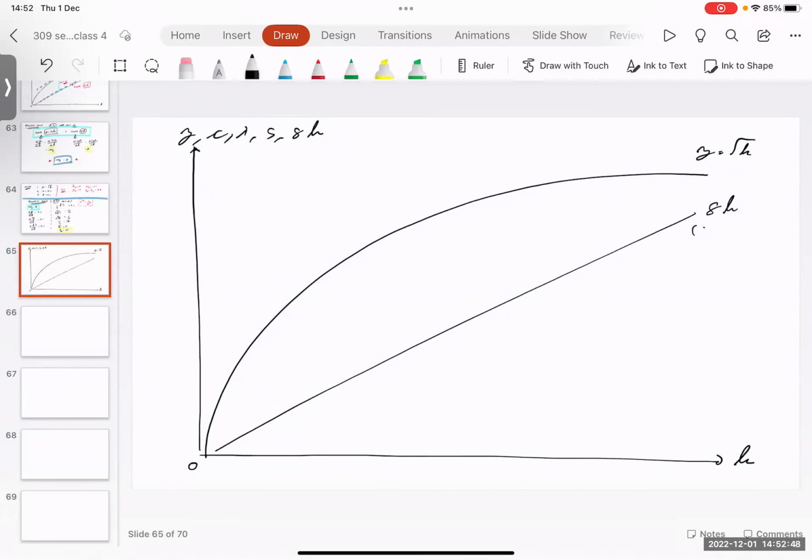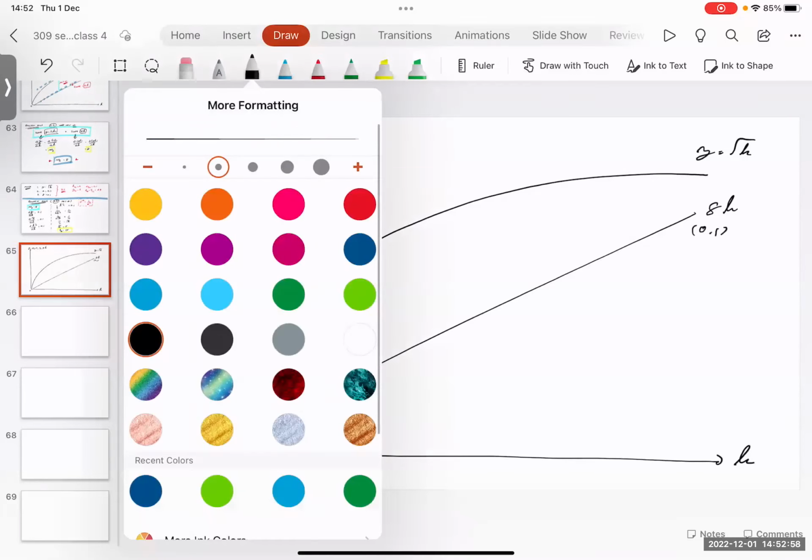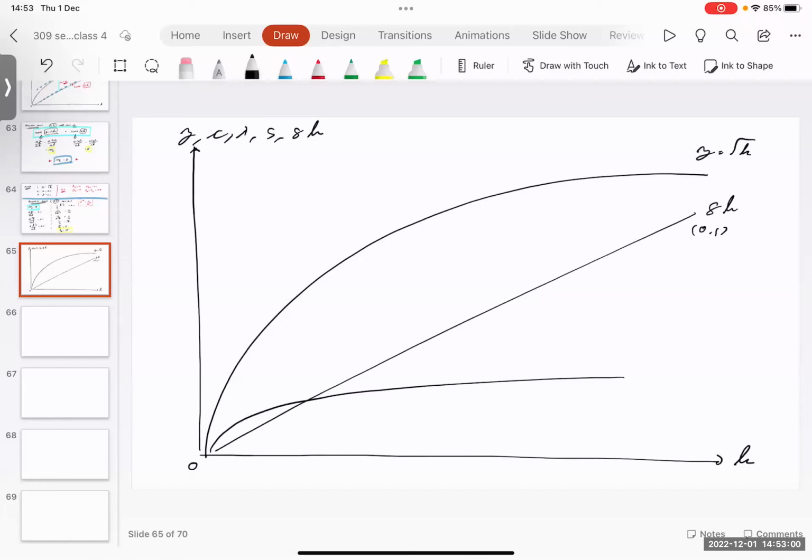Delta k, delta is 0.1. What we did last time is somewhere here. Okay, this is i equal to s square root of k. s is equal to 0.3. This is a steady state point that we found together last time.